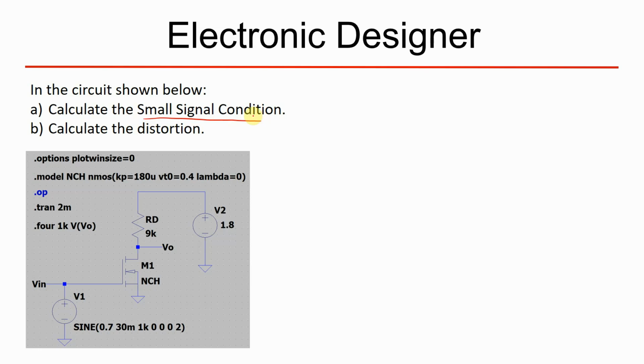I mean how much amplitude I can apply to the gate of this circuit so that the small signal conditions are met, and I can follow with that to this circuit to get my result, for example the small signal gain of this amplifier. This is what I'm looking for. So, here we go.